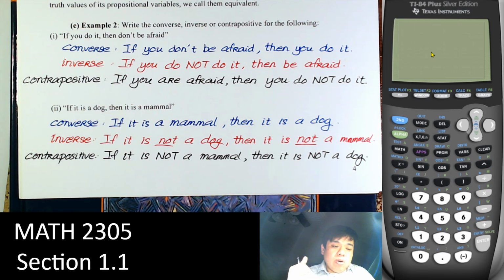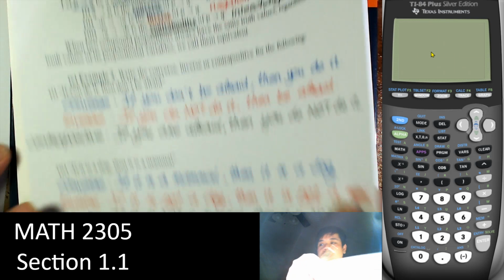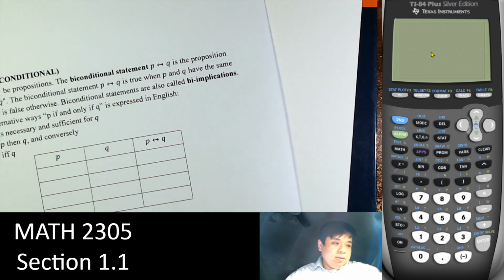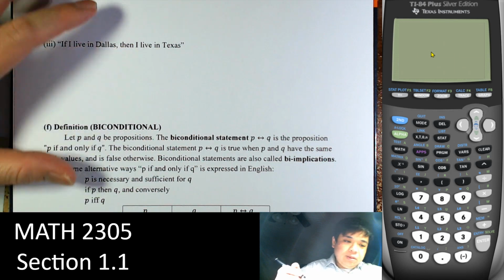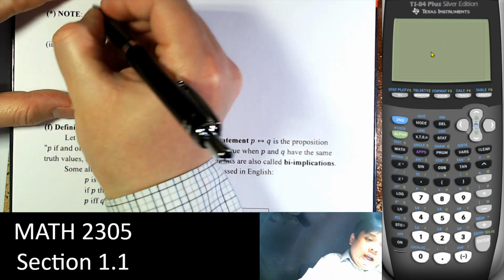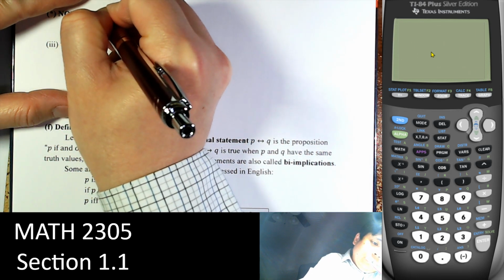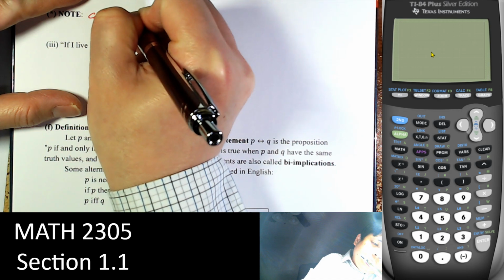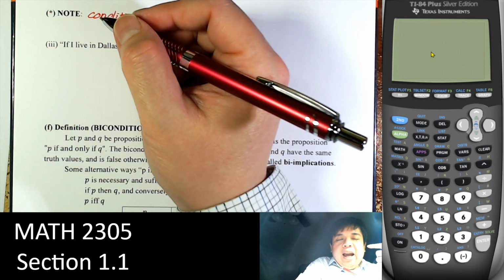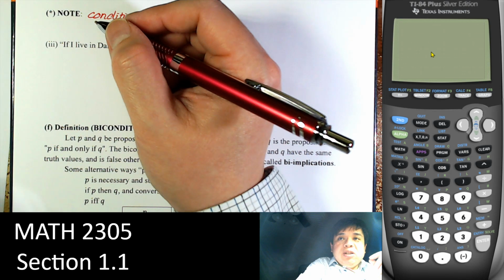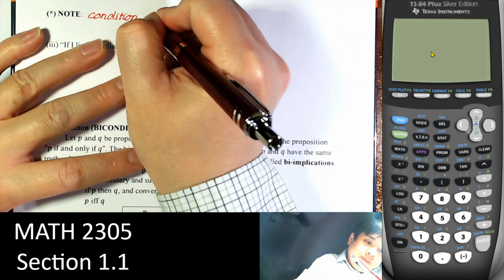So in general, the original conditional statement and the contrapositive, those two are equivalent. Just like the converse and the inverse, they are equivalent. That's what we write in the note on this page. Right. So we say conditional statement, the original one. Of course, the converse, inverse, and contrapositive are themselves conditional statements as well.